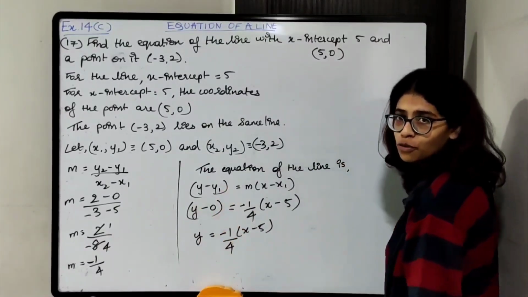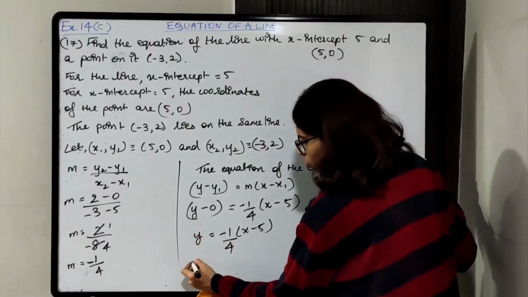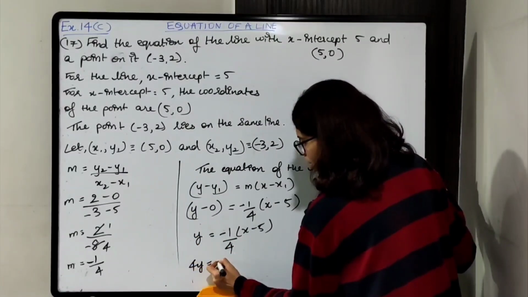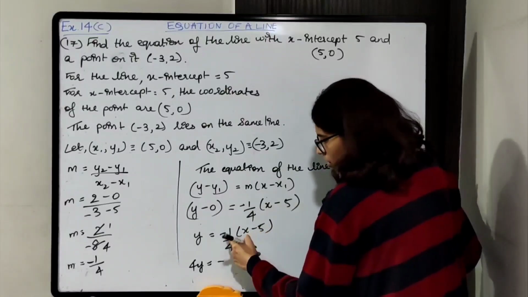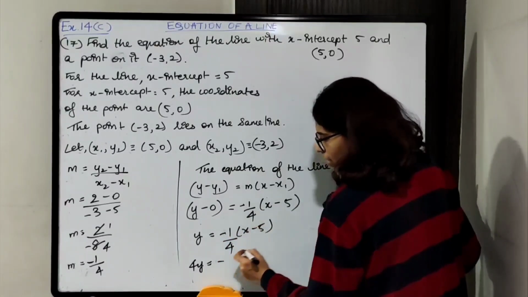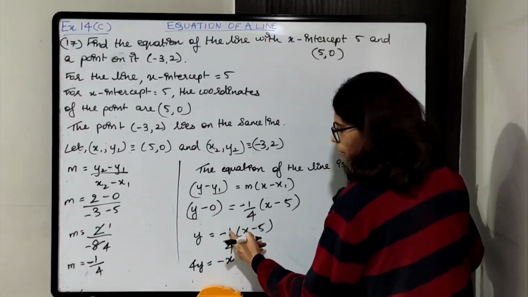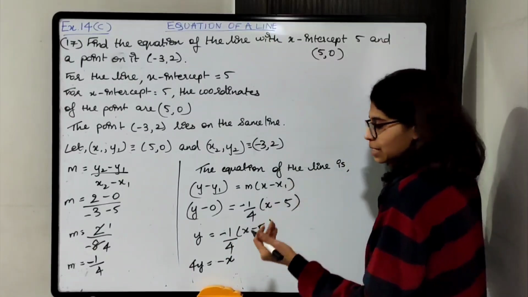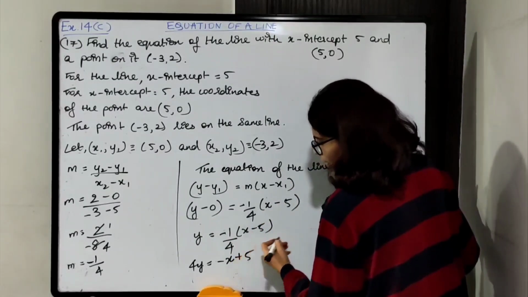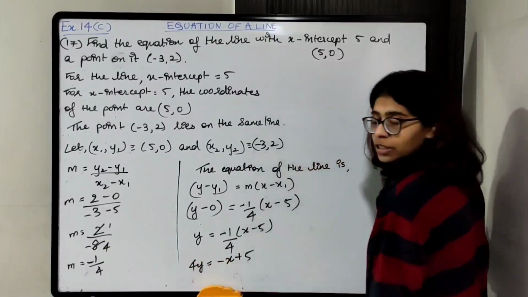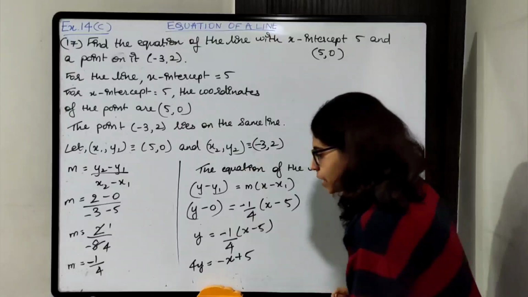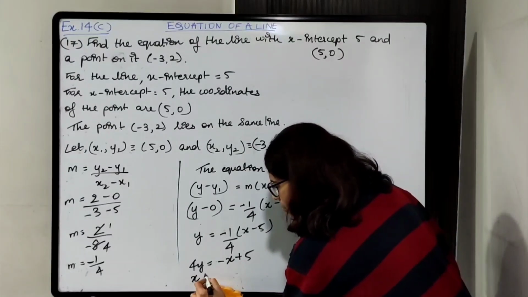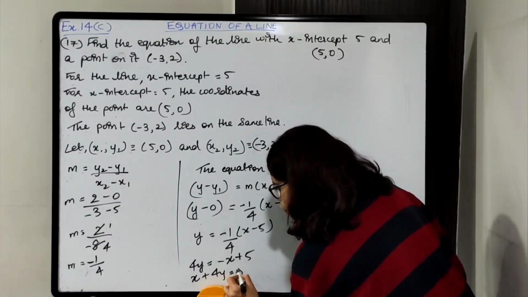Now we'll shift the 4 on the other side. 4 को shift करते हैं तो 4y हो जाएगा equals to minus, यहाँ पे brackets open करते हैं, so minus 1 into x minus x, minus 1 into minus 5, minus minus plus 1 into 5, 5. Shifting x on the other side because it is negative, so x को shift करते हैं on the other side, so x plus 4y equals to 5.